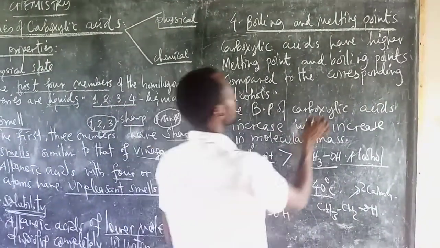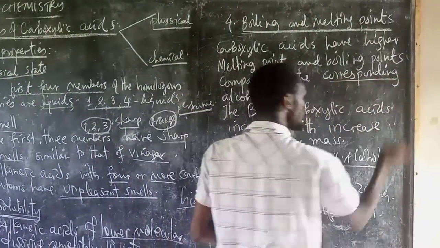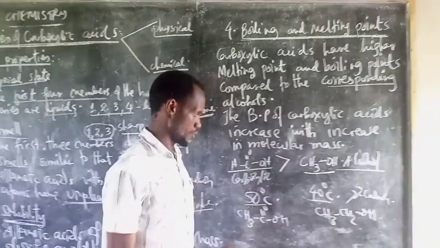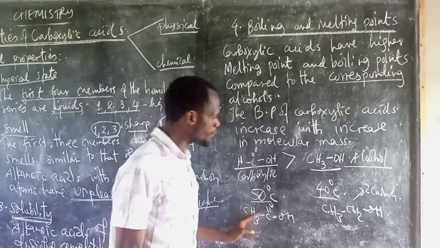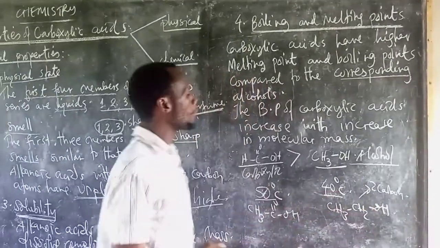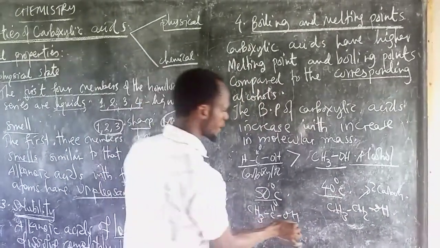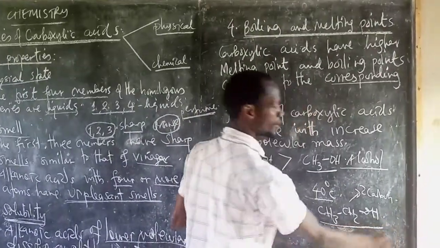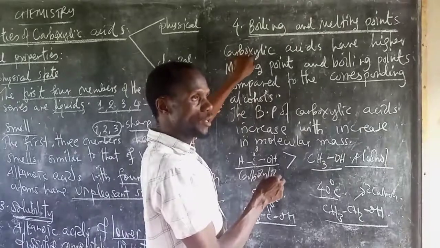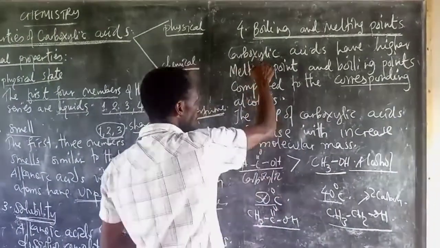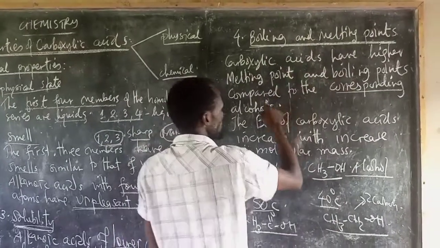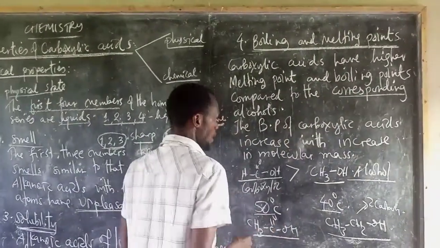And that is why we say corresponding alcohol. Means the number of carbon atoms must be equal. Even though the number of carbons is equal, the boiling point of carboxylic acid is higher than that of alcohol. So this is the meaning of this point: carboxylic acids have higher melting and boiling point compared to the corresponding alcohol.